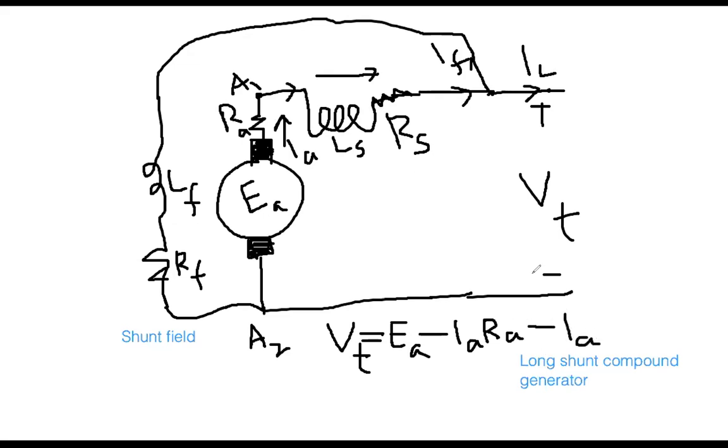It is still the same current, so IA into RS. RS is the series field resistance, RA is the armature resistance, right? So this will be your VT, this point voltage.